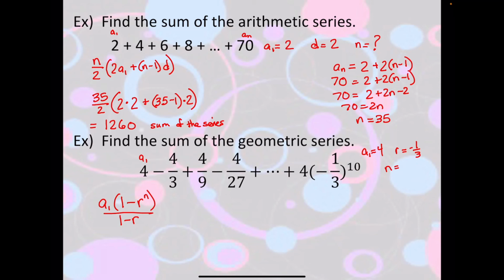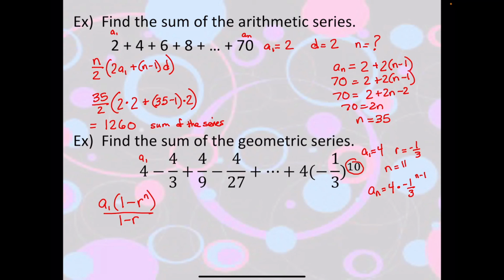Normally my equation would be first term times my common ratio to the n minus 1 power. But I don't have n minus 1, I just have a 10 here. So we can just tell that n had to have been 11 because 11 minus 1 is 10.